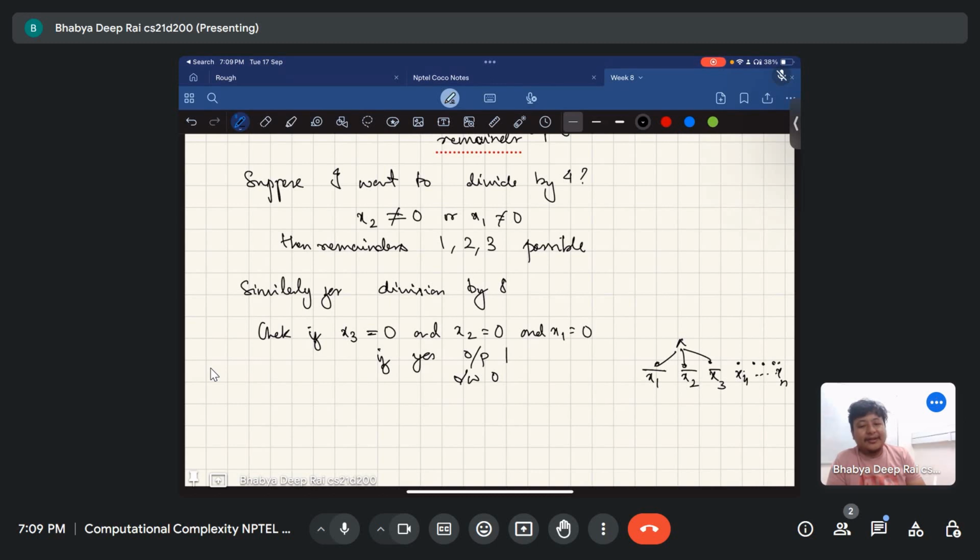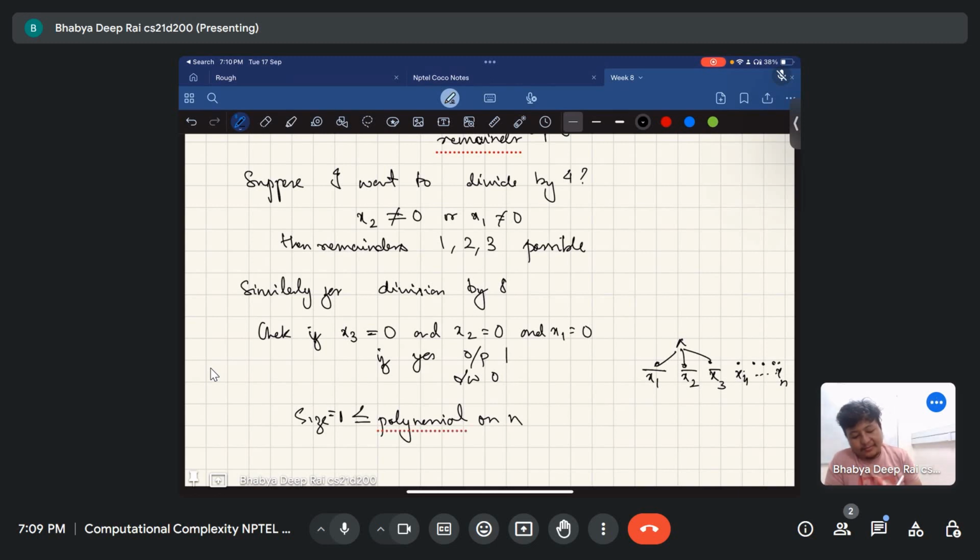Only these 3 are used. And what is the size? Is obviously polynomial. In fact, size is 3. If you consider number of gates, size is 1.